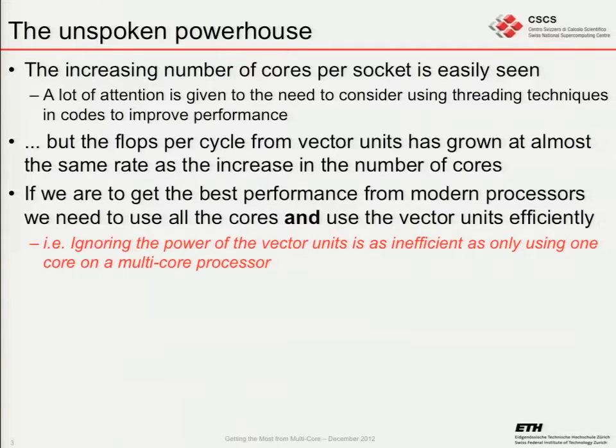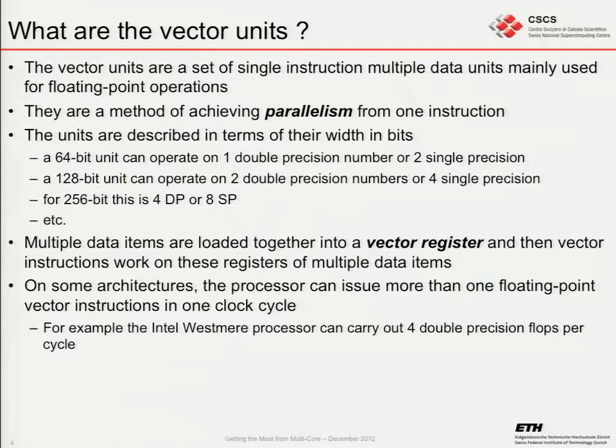So if we don't make good use of those vector units, then in double precision, for example, on a Sandy Bridge processor, we'll get 1/4 of the performance, peak performance, at maximum. Single precision, it gets even worse, it's 1/8. And as we go on to new architectures, such as the Xeon Phi, that gets worse and worse and worse still. So, well, what are these vector units that I talk about?